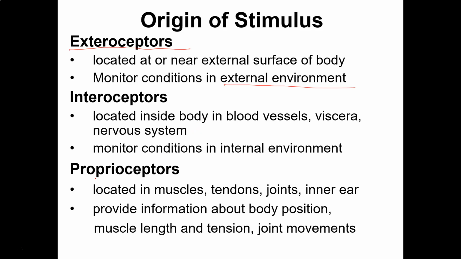And then there is this third class called proprioceptors. These are located in your skeletal muscles, your tendons, joints, a part of your ear that we'll be talking about in our next lecture called the inner ear. These sensory receptors provide information about the position of your body in space.